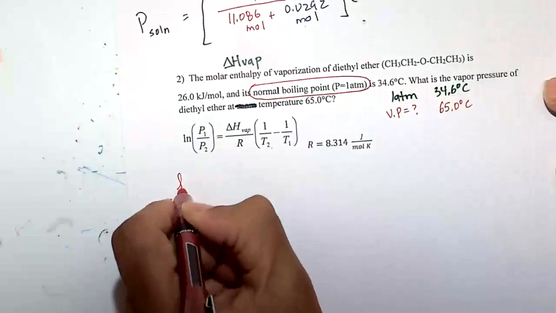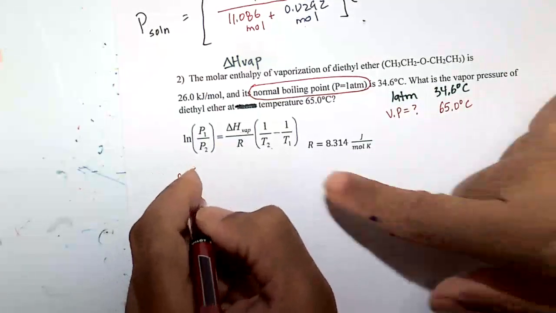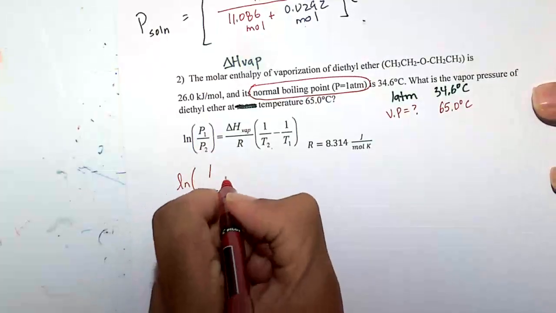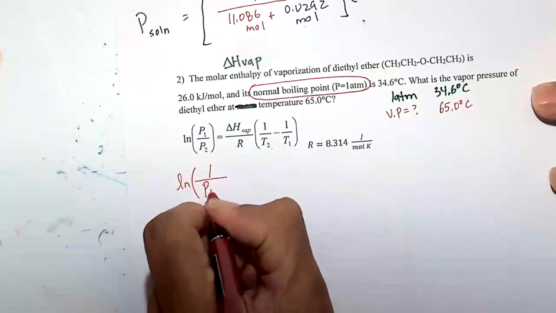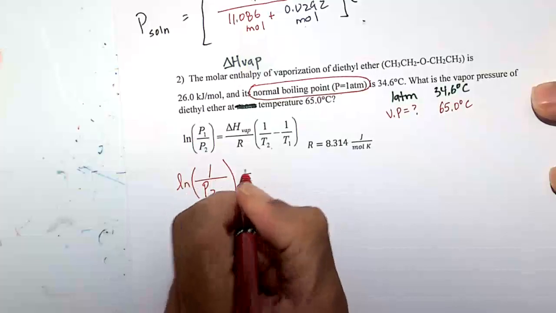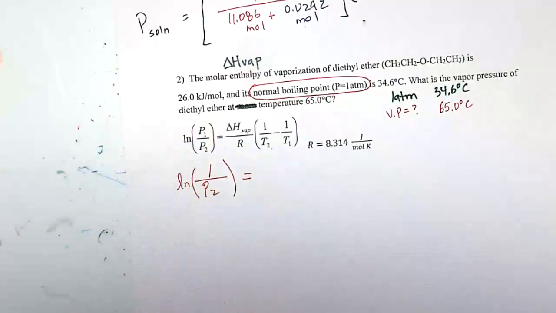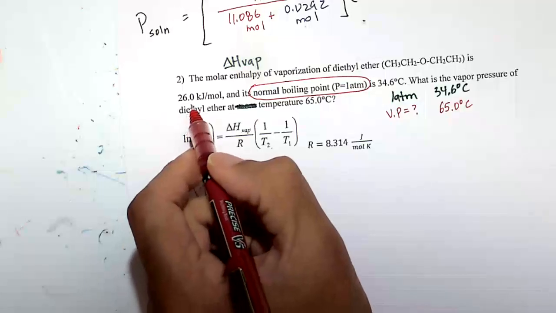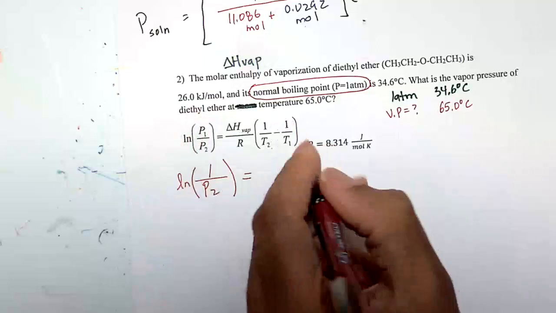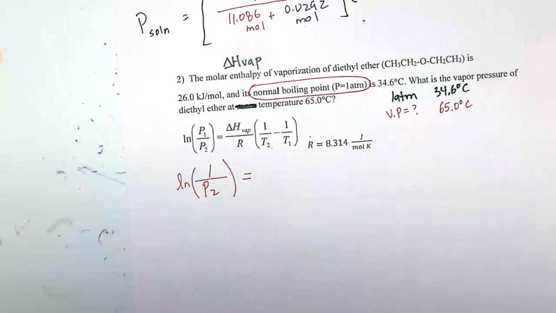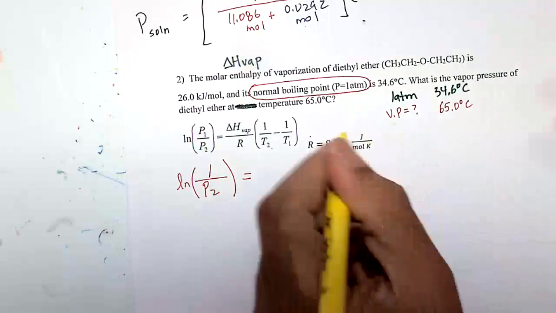All right, so we have natural log of P1, we'll call that 1. P2 is what we're trying to solve for. Delta H vaporization, we will convert that to joules per mole, because R is in joules.